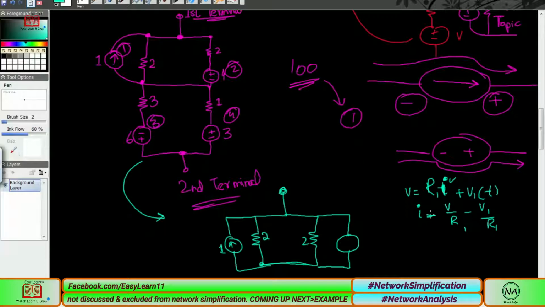What we achieved is I equal to V1 over R1. The V over R1 here means that this is the current of the source.